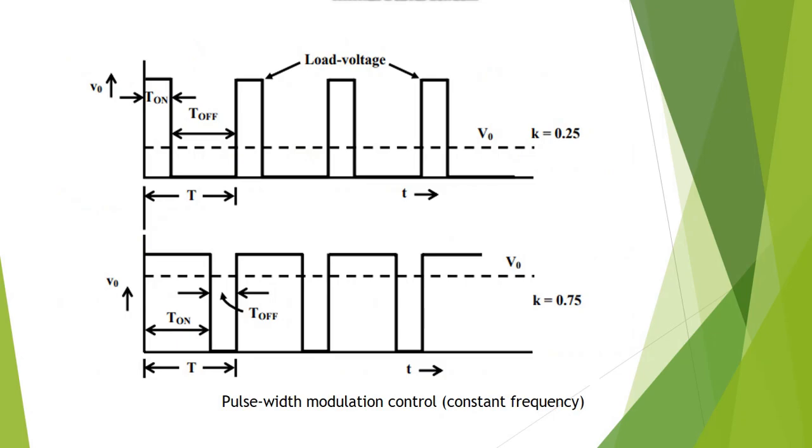We can see the total time is equal to T, and the on time and off time can easily be seen from this visual. Then in the next cycle we are using K equal to 0.75. That means the on time and off time are varied, so the load voltage value also varies, as shown in this graph.